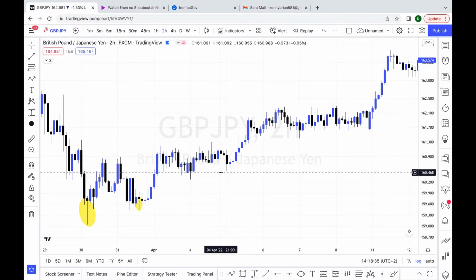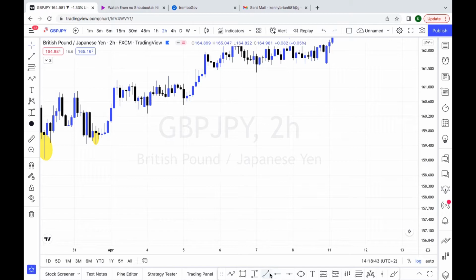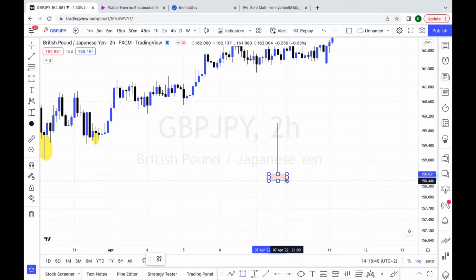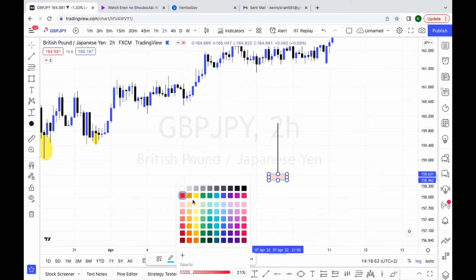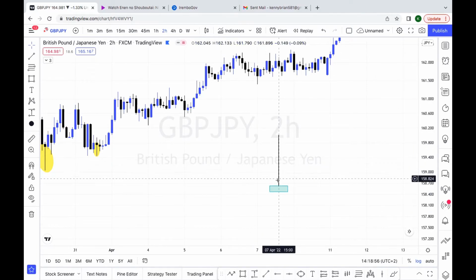So we are going to be looking at the opposite of a hammer, which is a shooting star, right? So a shooting star looks like this, and shooting stars are bearish candles, right? Even if it has a bullish body, remember the exhaustion of the candle is way bigger than the body of the candle.